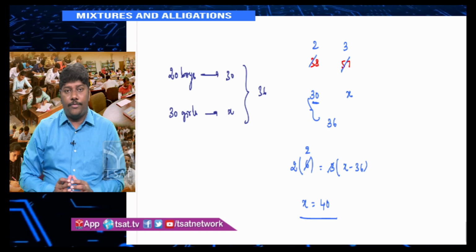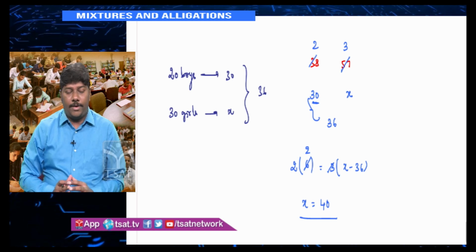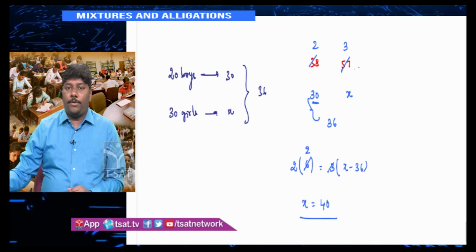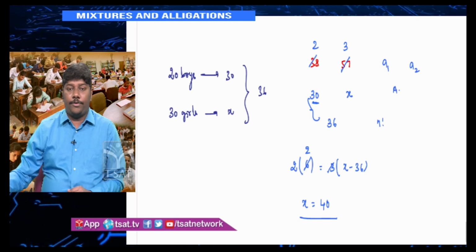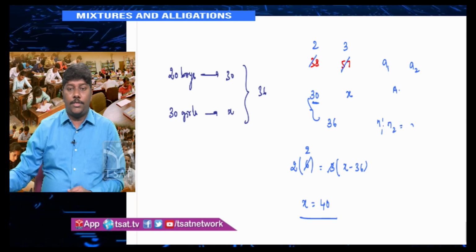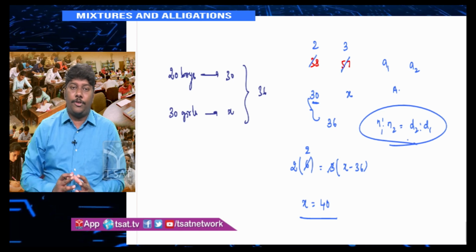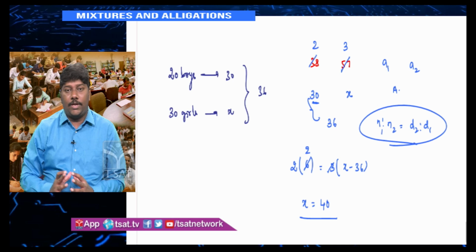So if anything out of N1, N2, A1, A2 is missing, always use the formula N1 D1 = N2 D2. Suppose they are giving you A1, A2, capital A, and they are asking about N1 is to N2. You know what N1 is to N2 is? D2 is to D1. This is a typical alligation problem. In what ratio you need to mix these two solutions in order to get the resulting mixture in a certain concentration.